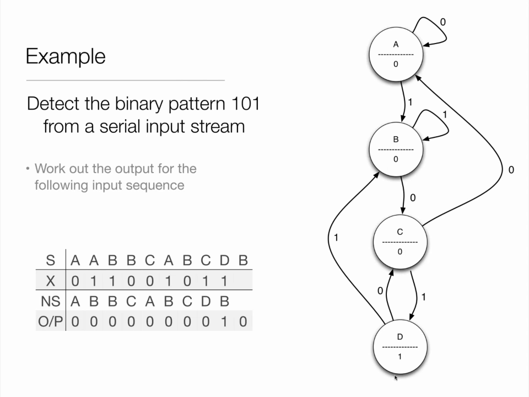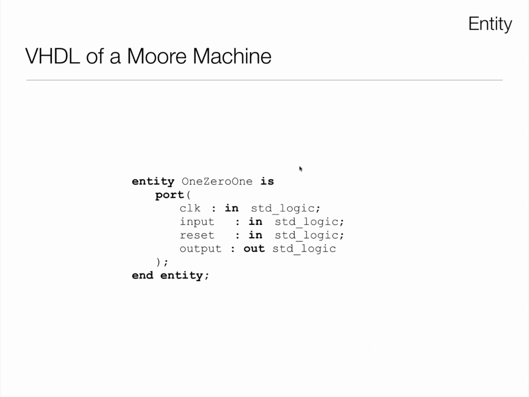So it's 1, 0, 1. Another 1 would take us to here, 0, 1. So it's comprehensive. It catches all of them. So wherever they're hidden in the input stream, no matter what state you're in, if you get the sequence 1, 0, 1, you'll end up in state D. Okay.